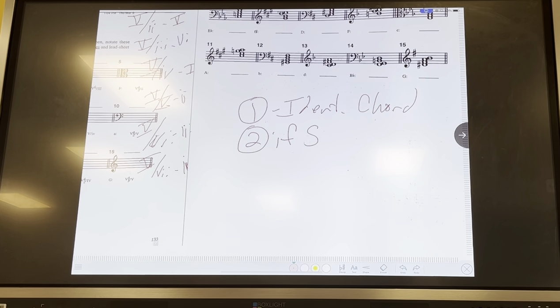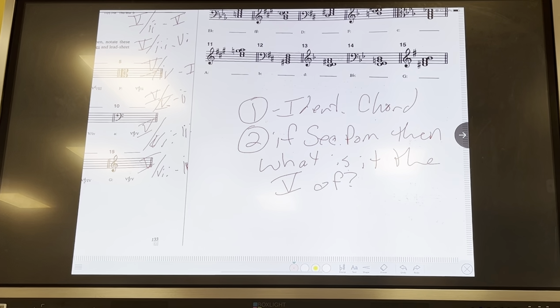If it is a secondary dominant, if it's a dominant 7th chord or a major triad, then what is that chord the 5 of? Do you understand that question? That's the essential question, right?